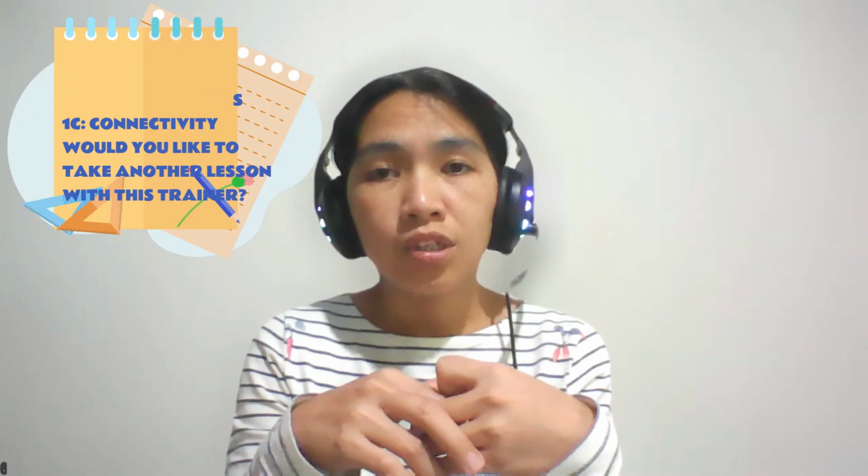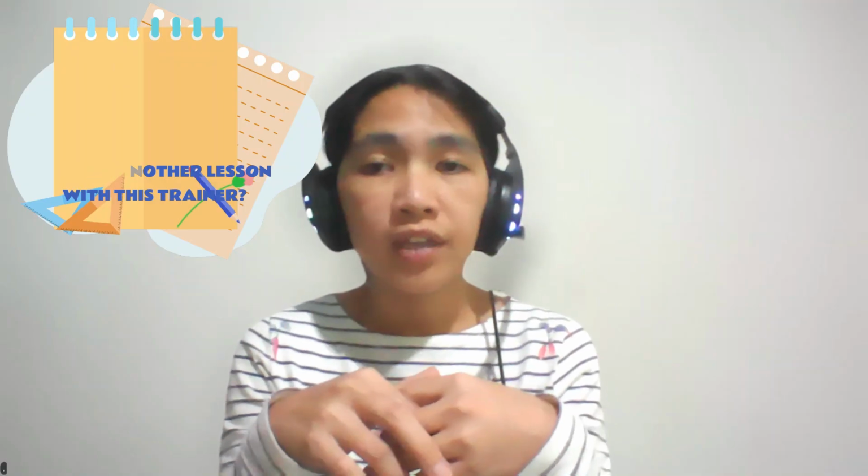And the last question from the customer feedback is, would you like to take another lesson with this trainer? The student will still be giving you a score from 1 to 5. So that is the first KPI, or key productivity item, in which the student will be rating the trainer.